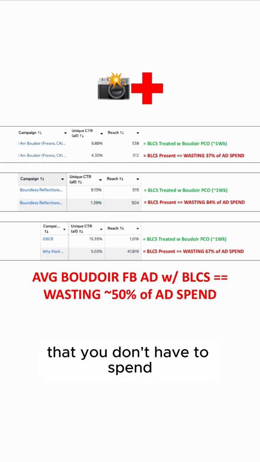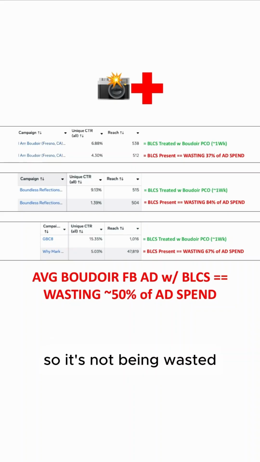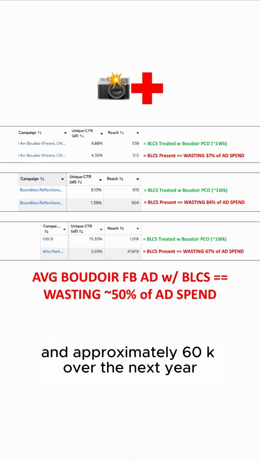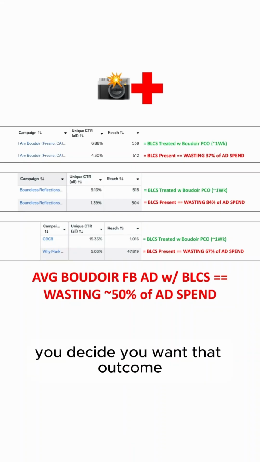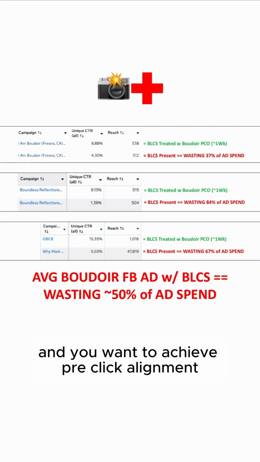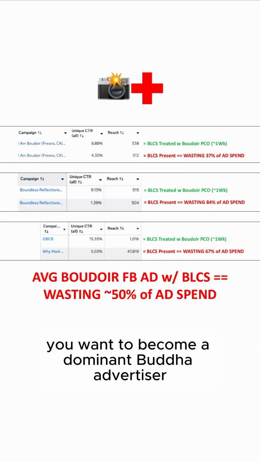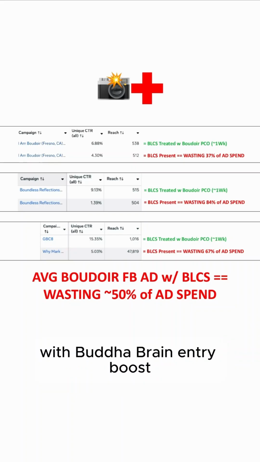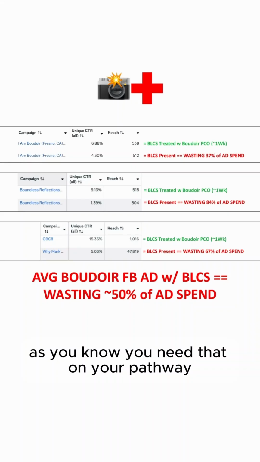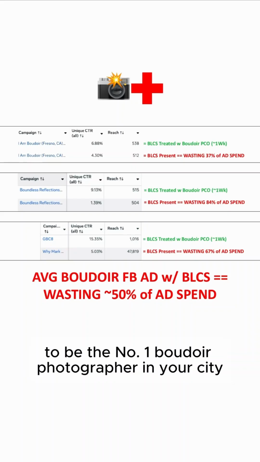Put that back in your pocket. It shows them to spend, so it's not being wasted, and approximately 60K over the next year. You decide you want that outcome, and you want to achieve pre-click alignment. You want to become a dominant boudoir advertiser with Boudoir Brain Entry Boost. As you know, you need that on your pathway to be the number one boudoir photographer in your city.